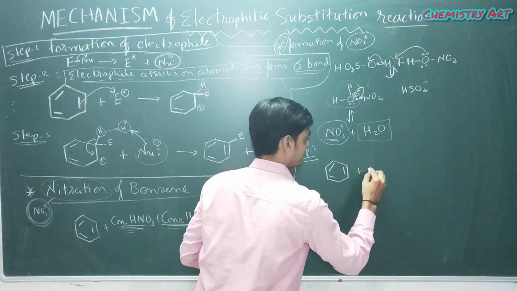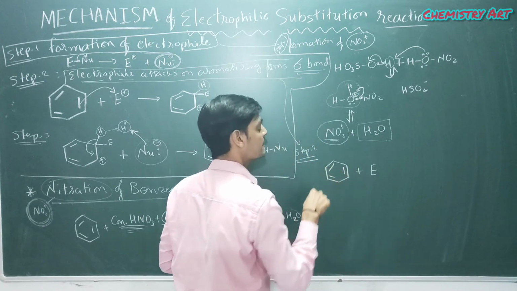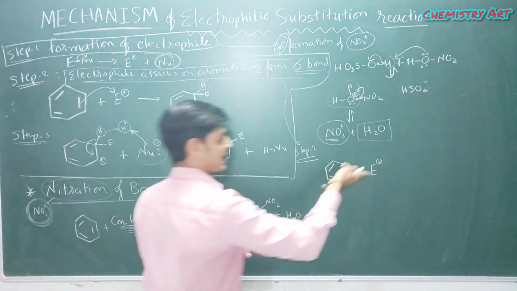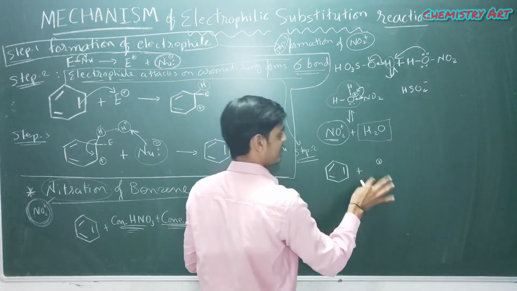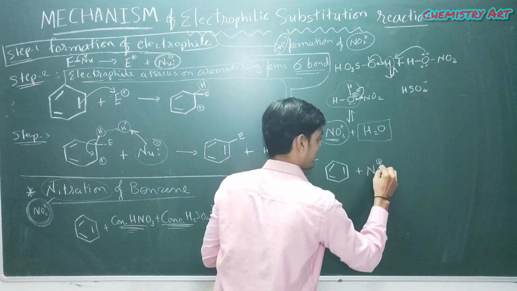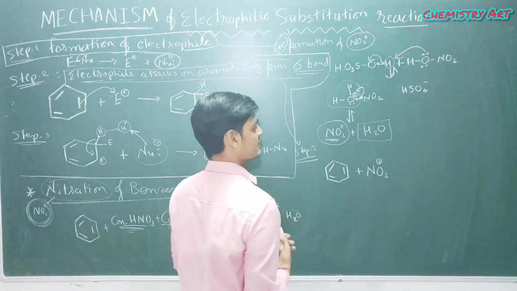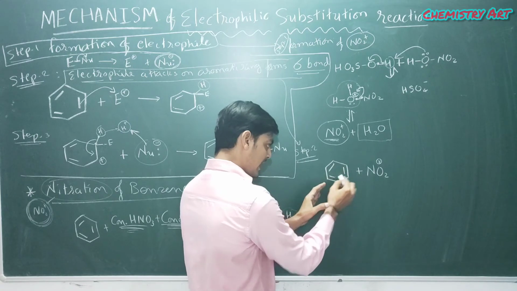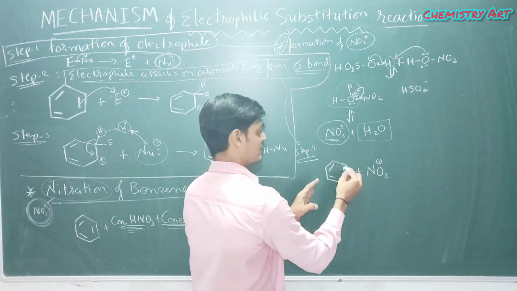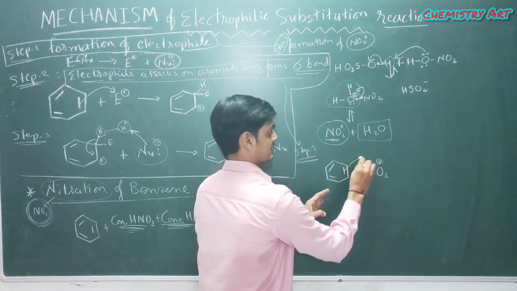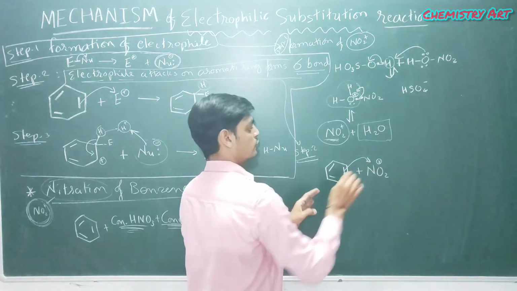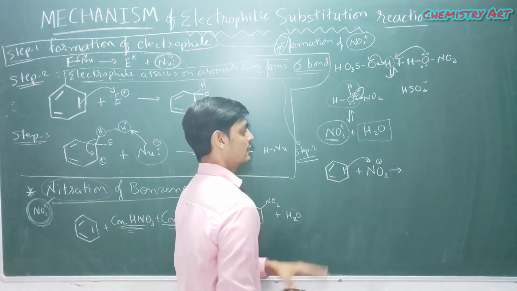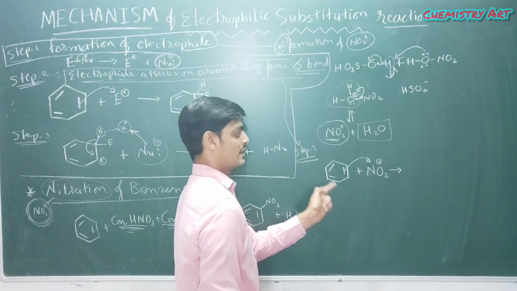This benzene ring has a total of 3 pi bonds, and the electrophile, which I earlier called E+, is now NO2+. NO2+ requires electrons, and benzene is a rich source of electrons. So one of the pi electron pairs will be donated. We will show it like this. Here the benzene ring provides electrons to the electrophile, and the addition of the electrophile is occurring.